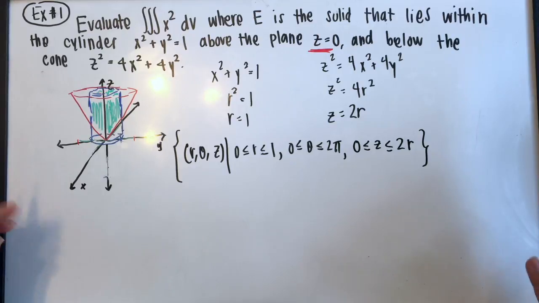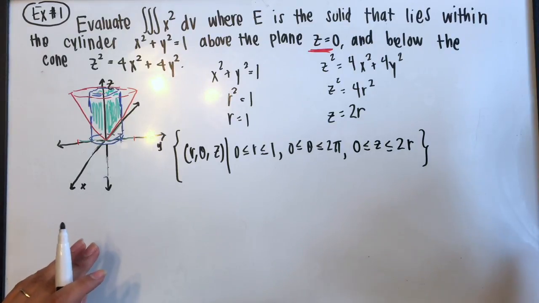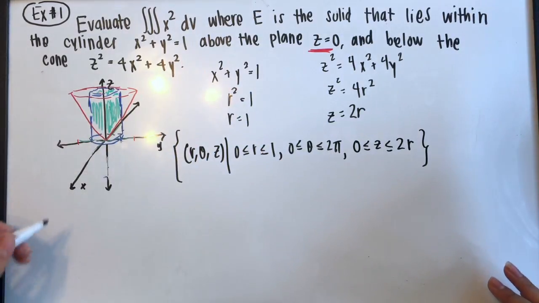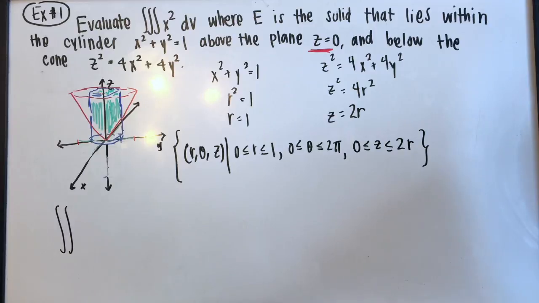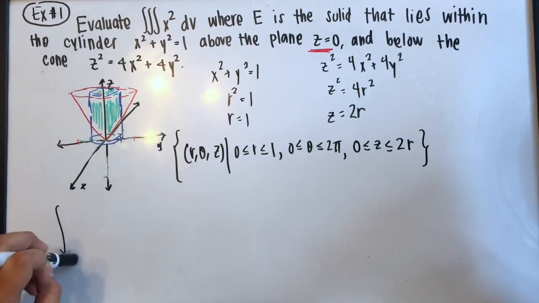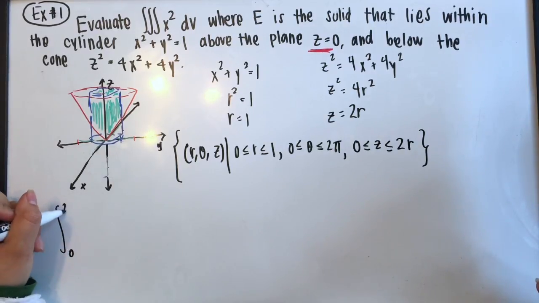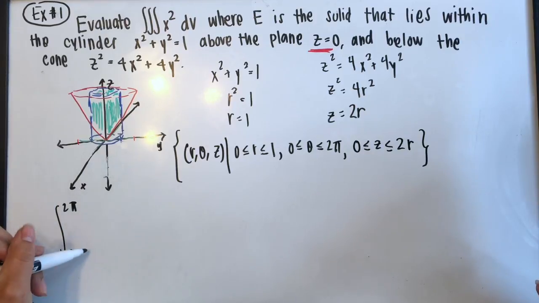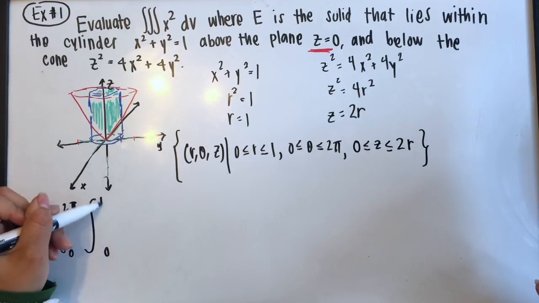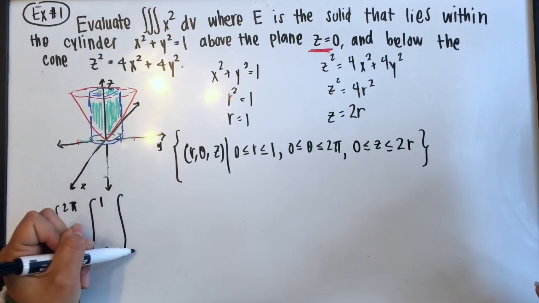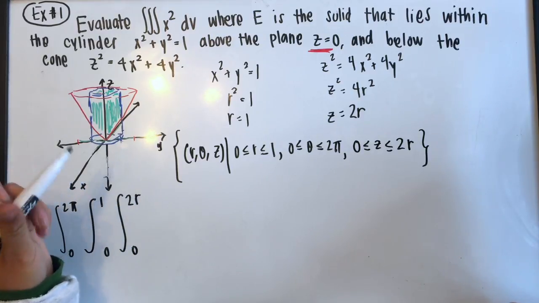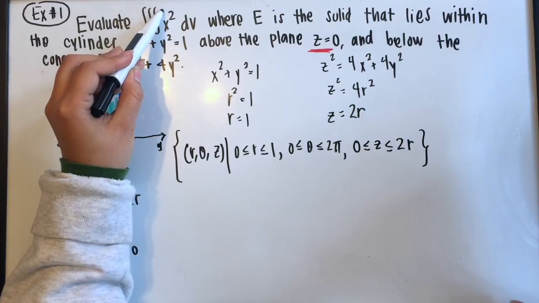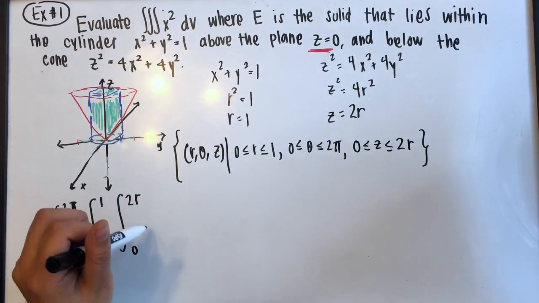We're not going to have enough space to actually do the solving, so I might erase this. Our triple integral is now from 0 to 2 pi, which is our theta, 0 to 1, 0 to 2r. They give us a function here, and this function is what we need to write here.